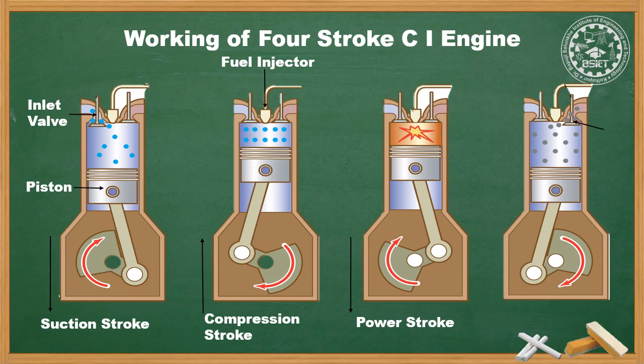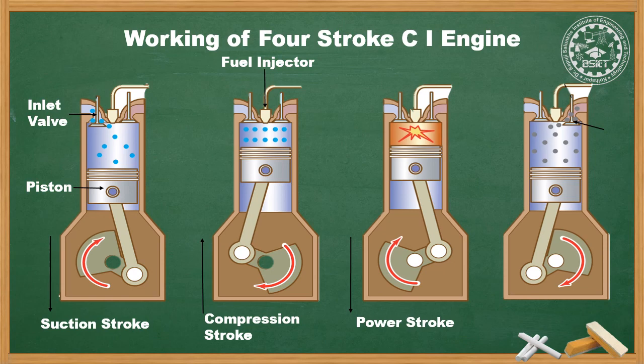And the last is the exhaust stroke. At the end of the expansion stroke, the exhaust valve opens, that is, the piston moves from BDC to TDC, the exhaust valve is open and the inlet valve remains closed.